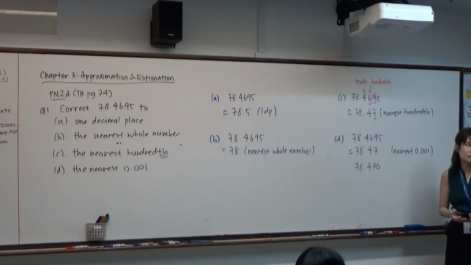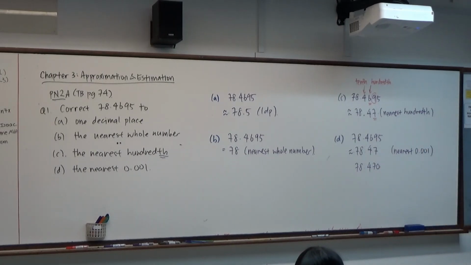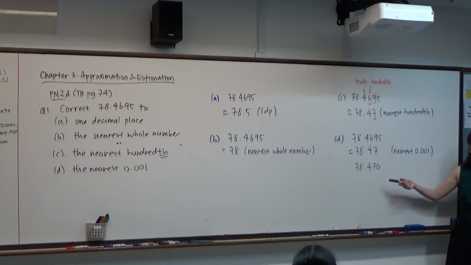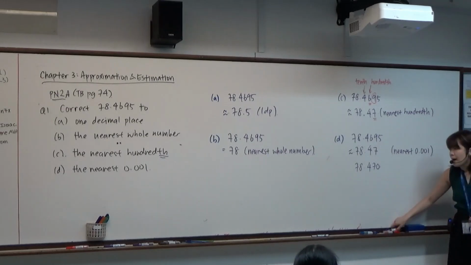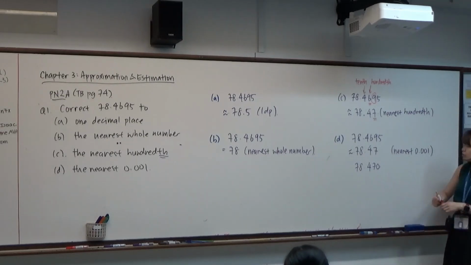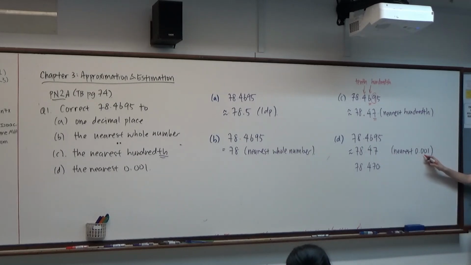Okay, so let's try to think about this. The value of the number doesn't seem to differ whether there's a 0 or not. Correct? But because the question says to round it to the nearest 0.001, this is the same as rounding off to 3 decimal places.